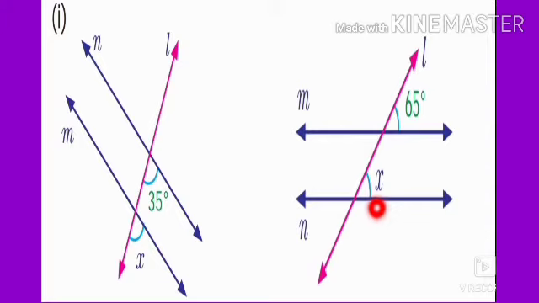And here too, M and N are parallel lines and L is the transversal, and here 65 degree and X degree are corresponding angles. 65 lies outside the region and X lies in the interior region. So these are corresponding angles. Since they are corresponding angles, they are equal. So X degree is equal to 65 degree.